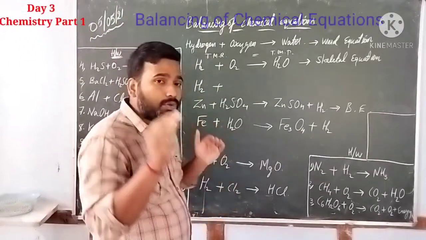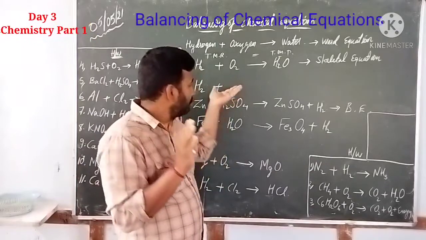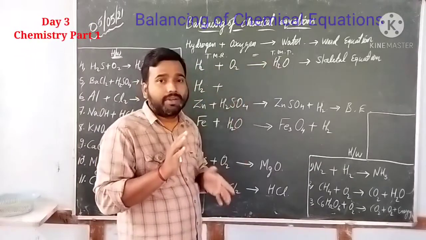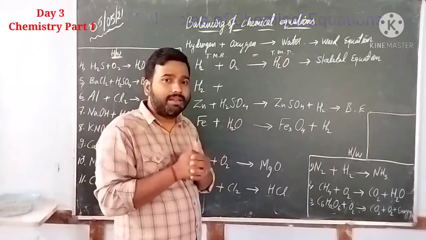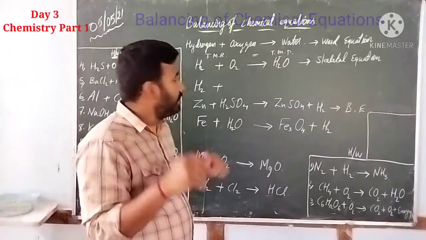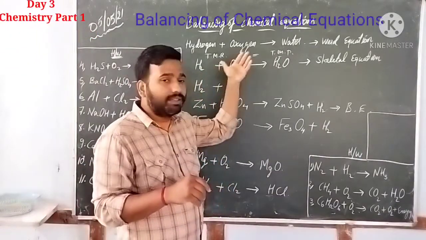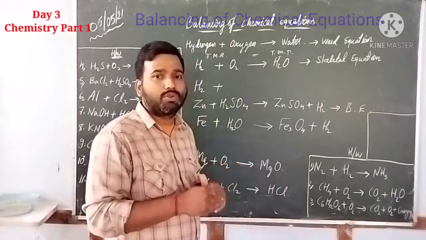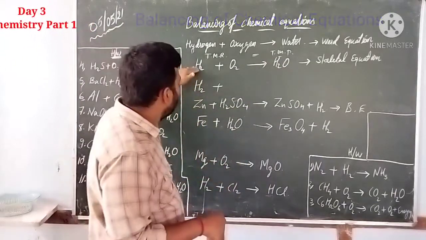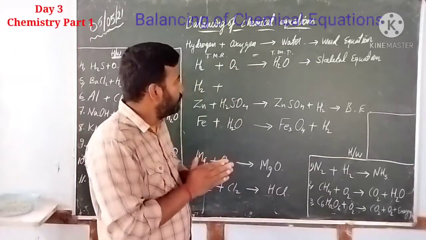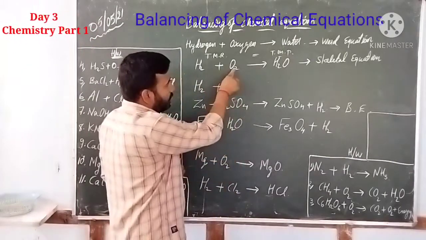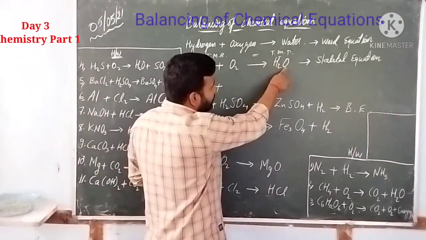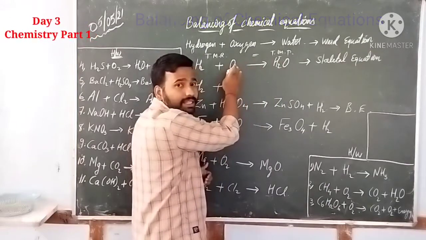So if the mass on either side of this equation is to be balanced, then the number of atoms existing on either side of this equation must also be the same. In order to do that, we can do one thing. The number of oxygen atoms on the left hand side is 2.